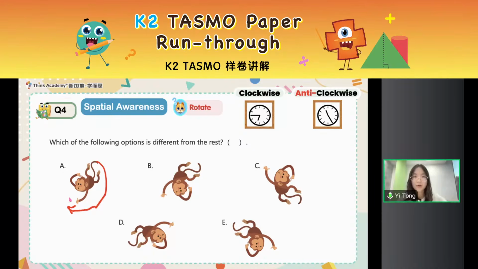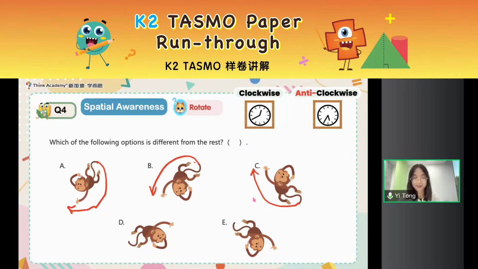Then you see, what direction is this one? This is called clockwise. And the next one, let's make it longer to here. Right. So this one is anti-clockwise.